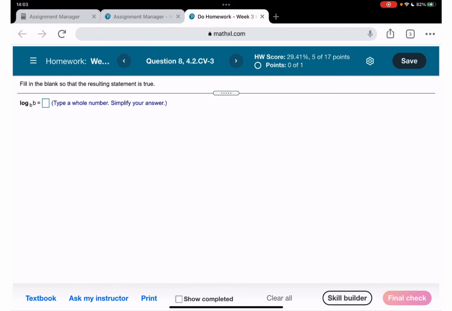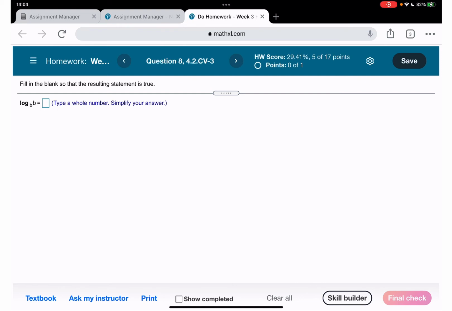So next, fill in the blank so that the resulting statement is true. Okay, we are moving to logarithm. Logarithm is the opposite of exponent.